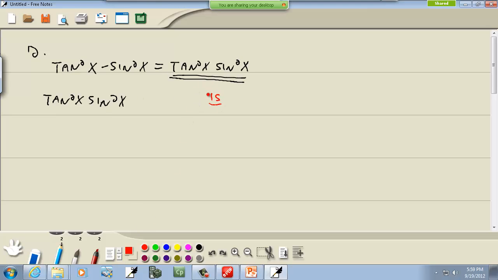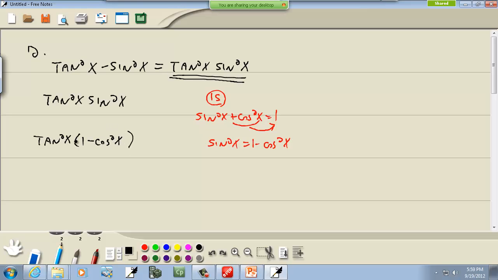Let me write that over here. 15 is sine squared plus cosine squared is equal to 1. And if I take cosine squared to the right side, I would get sine squared is equal to 1 minus cosine squared. So this becomes tangent squared times 1 minus cosine squared.